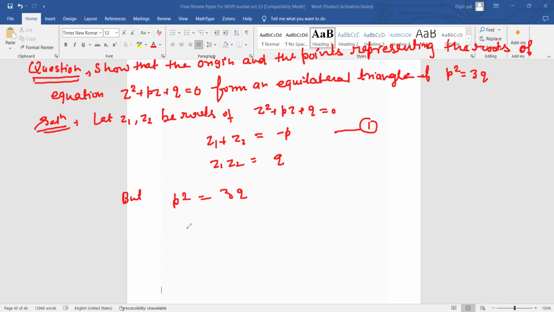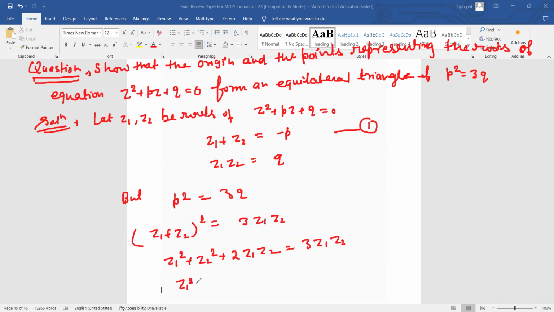So just put the values of P and Q here, so we get Z1 plus Z2 whole square will be 3 times Z1 Z2. And we solve it, we get Z1 square plus Z2 square plus 2 Z1 Z2 equal 3 times Z1 Z2. So this implies Z1 square plus Z2 square equals Z1 Z2.